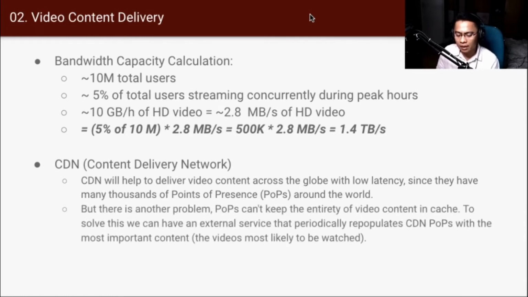But there's another problem. A point of presence cannot keep the entirety of the videos, which is 15 terabytes, in cache. To solve this, we can have an external service that periodically repopulates CDN POPs with the most important content only, maybe the content most likely to be watched by a user in a particular region.